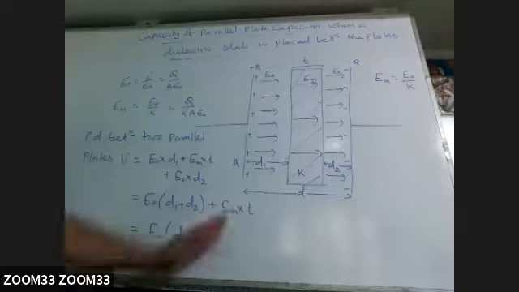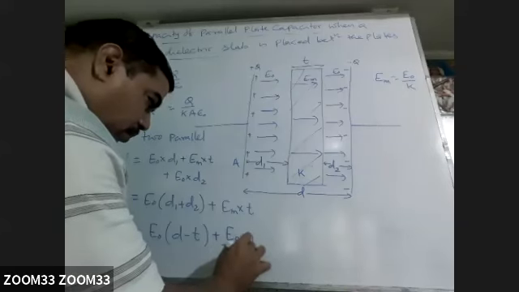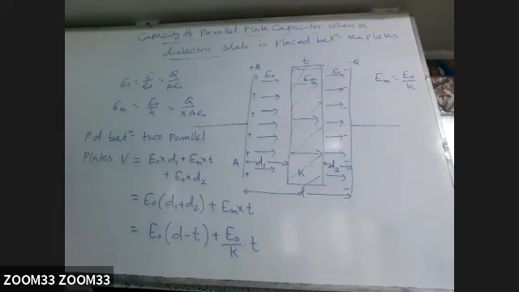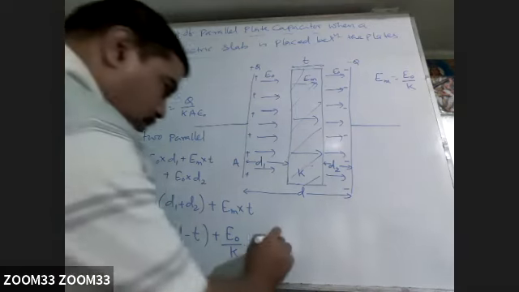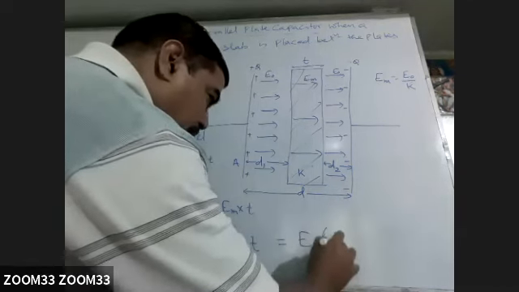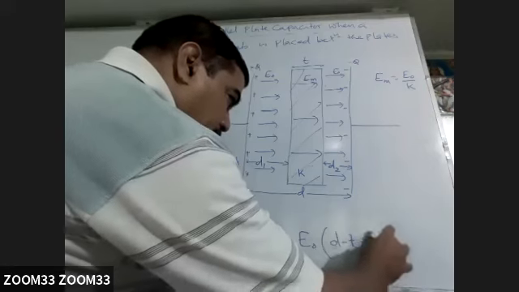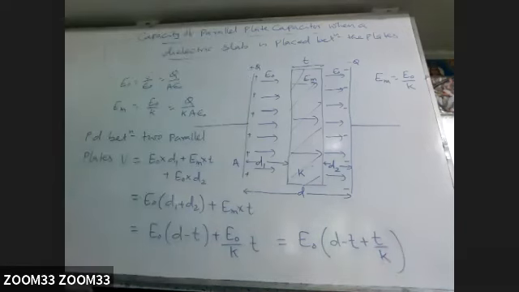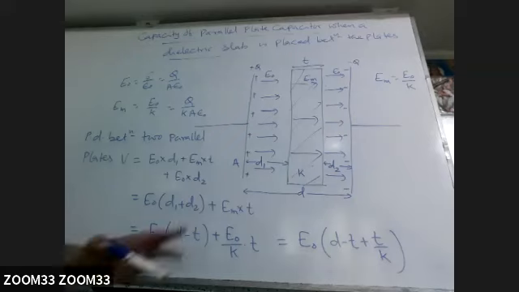So this is D minus T. In place of EM, we write E naught over K into T. Taking E naught common, we get D minus T plus T by K. Any confusion?